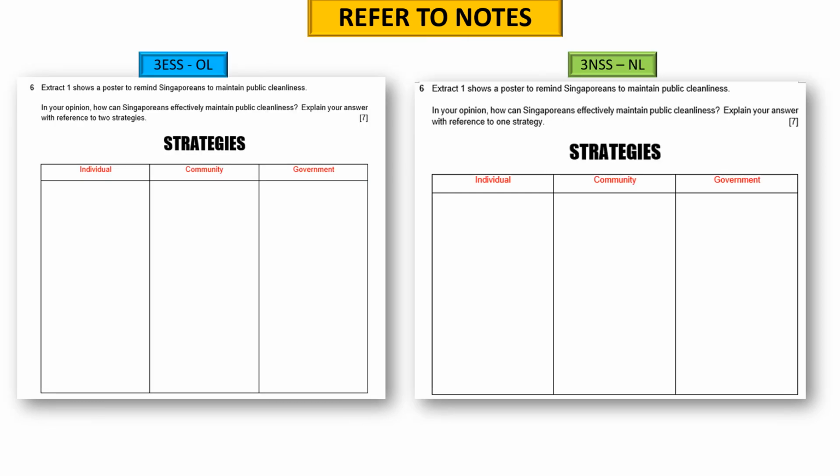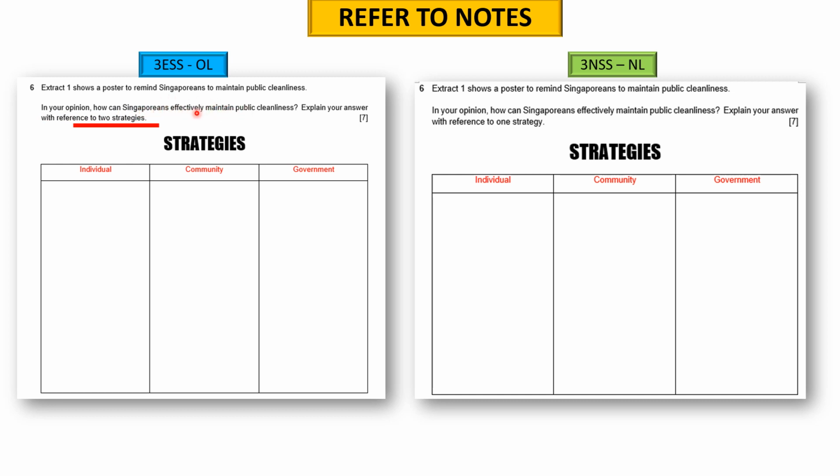Refer back again to your notes. If you look very carefully, this is a way question 6 can be asked. You see extract 1, same for both 3E and 3N, for both O level and N level. But the difference is, in your opinion, how can Singaporeans effectively maintain?